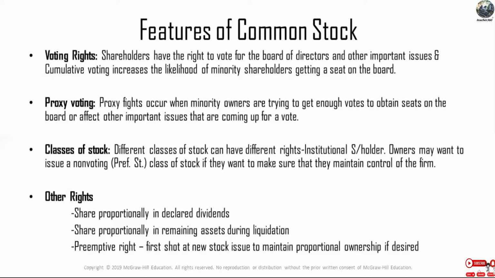Another one is proxy voting. Proxy voting occurs when minority owners are trying to get enough votes to obtain seats on the board or affect other important issues that are coming up for a vote.